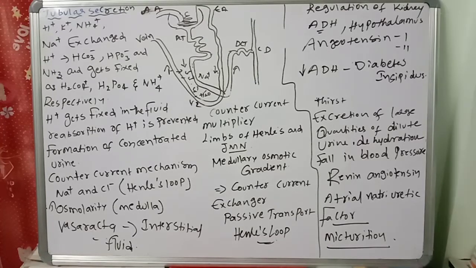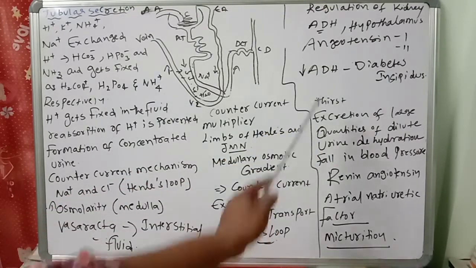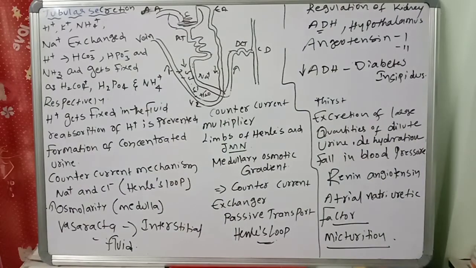One more is ADH, vasopressin, the antidiuretic hormone. Deficiency of antidiuretic hormone causes diabetes insipidus, with excretion of large quantities of dilute urine, dehydration and fall in blood pressure. If more water is there, no need of ADH; if less water is there, ADH acts.